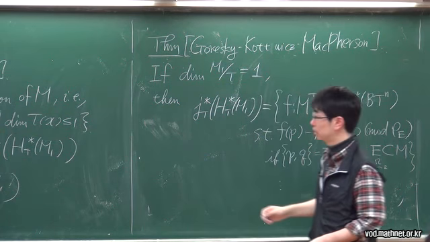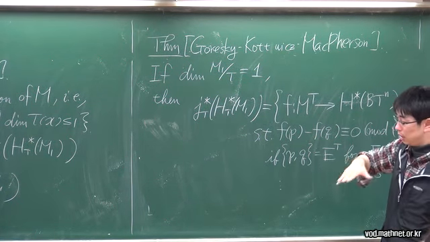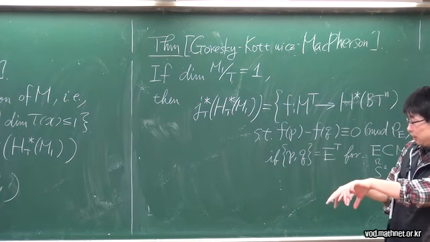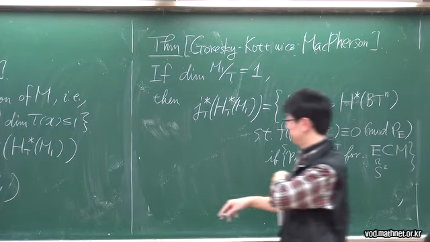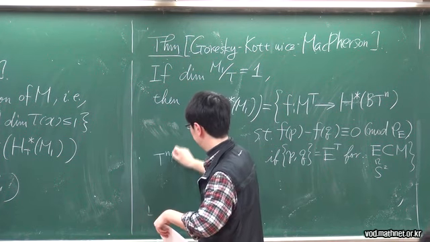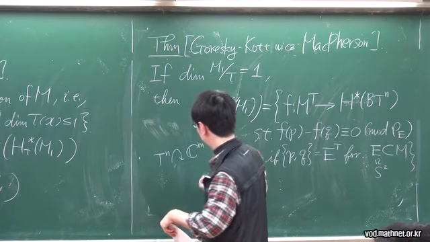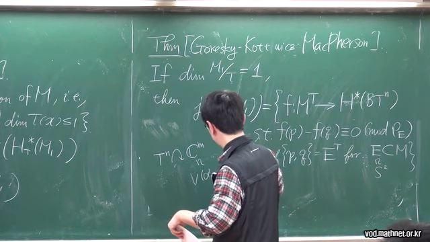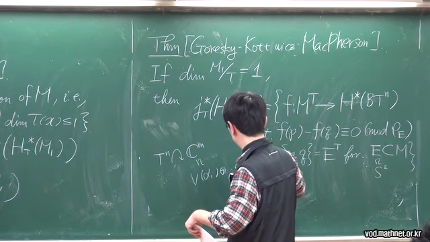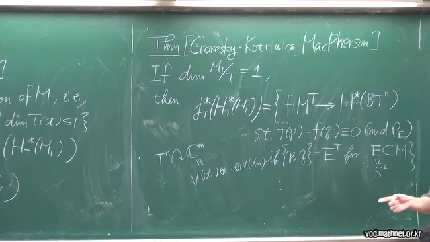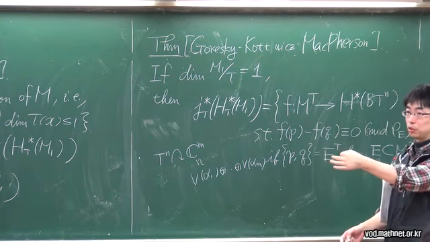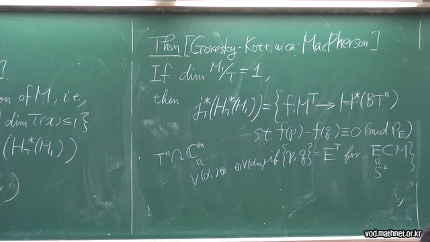In this case, around the fixed point set, T acts like this and splits into these kinds of representations, and there are no multiple representations. Then it means that the fixed point is only zero dimensional, only the origin. All right. Okay. Good.